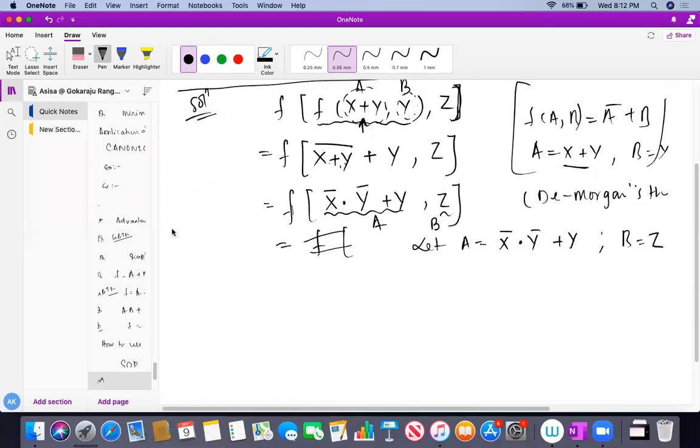Very simple, which gives rise to the removal of f. So what will I get here? A bar or b. A bar is x bar and y bar or y whole bar, or b, which is z. So finally I will get this.